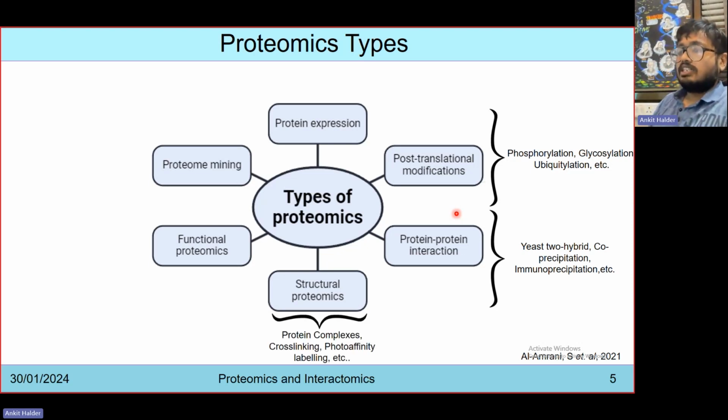Next is structural proteomics. We all know that protein structure plays a huge role in maintaining structural integrity for its original functionality.